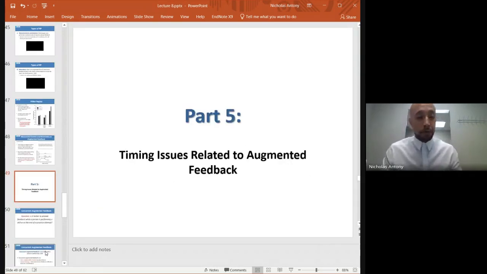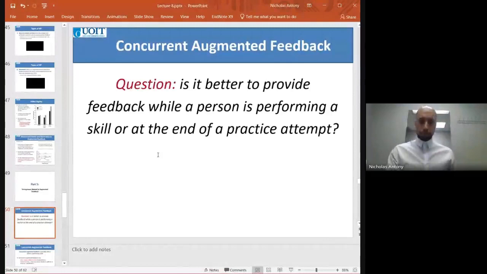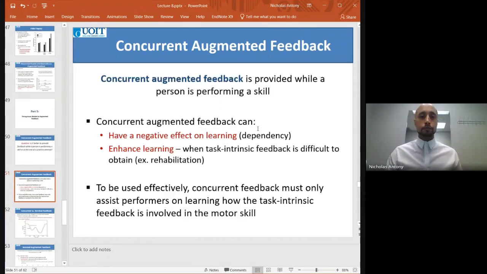So the last part that we're going to finish off, and then we're almost done, is talking about timing issues related to augmented feedback. Is it better to provide feedback while the person is performing or at the end of the practice attempt? There are factors to consider in both. Concurrent augmented feedback can either enhance or have a negative effect on learning.